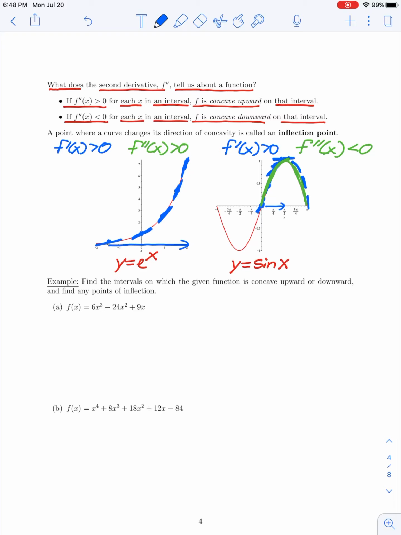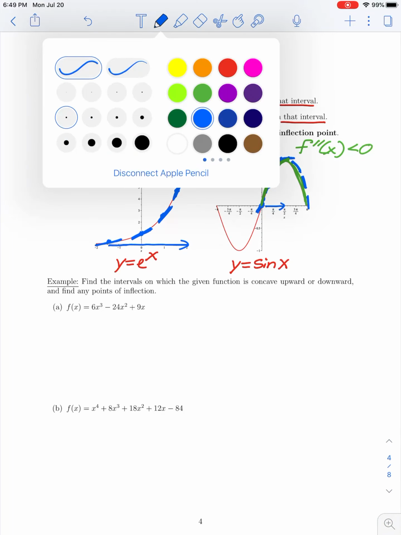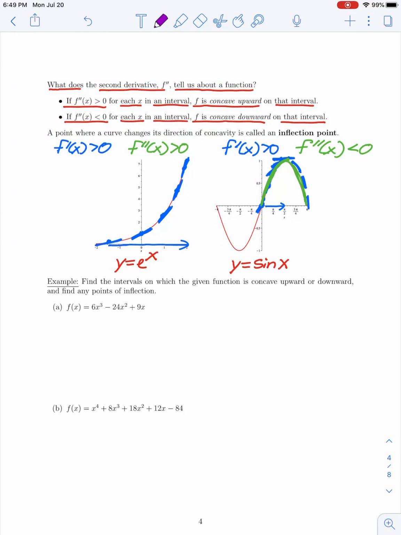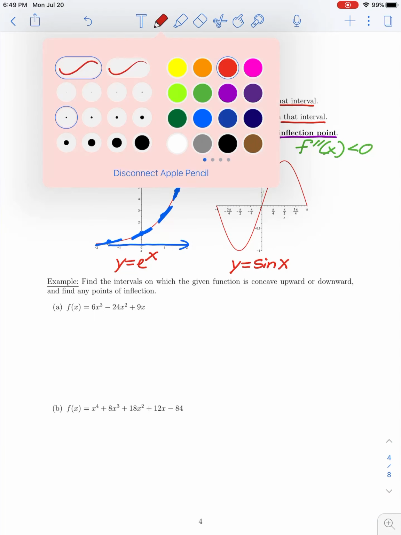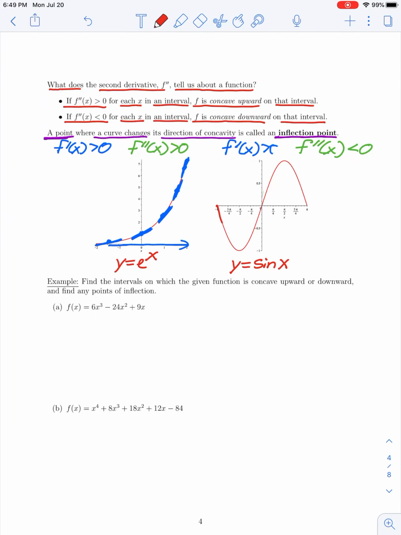Now, a little more terminology to go along with this. We would say that a point where a curve changes its direction of concavity, that is from concave upward to downward or from downward to upward, is called an inflection point. So in our right-hand plot here, we see that our function appears to be concave upward on the interval from negative pi to 0.